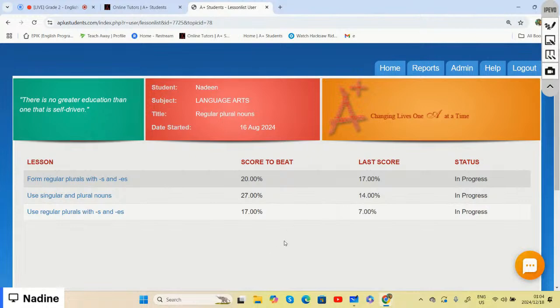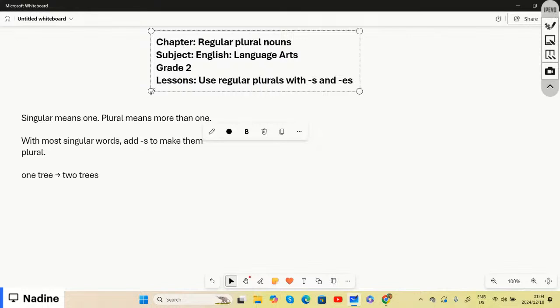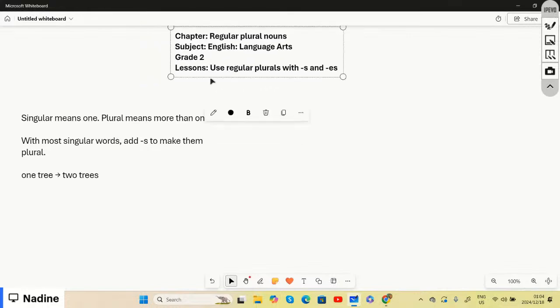All right, so this is a continuation of our previous lesson on regular plural nouns. So we're basically just going to continue where we finished off. In our previous lesson, we focused on forming regular plurals and we had to use singular and plural. Now, today, we are going to continue. So our chapter is regular plural nouns. Our subject is English language arts.